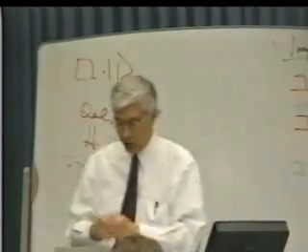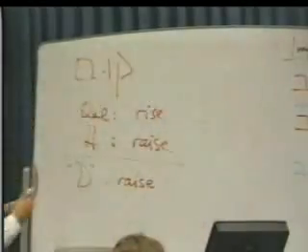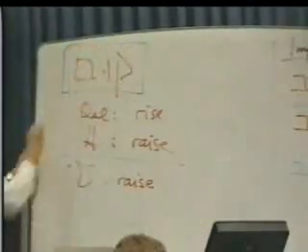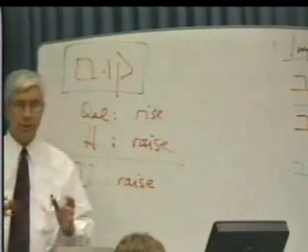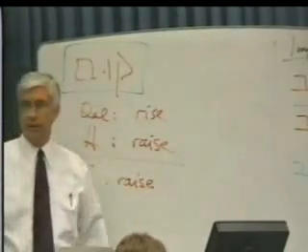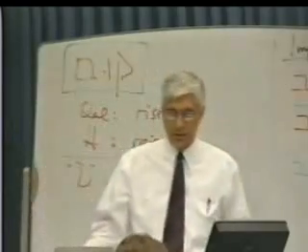All right, now, if we want to double the middle root letter, and we have a hollow root, what's the problem? We want to double the middle root letter, but there isn't a middle root letter, okay?